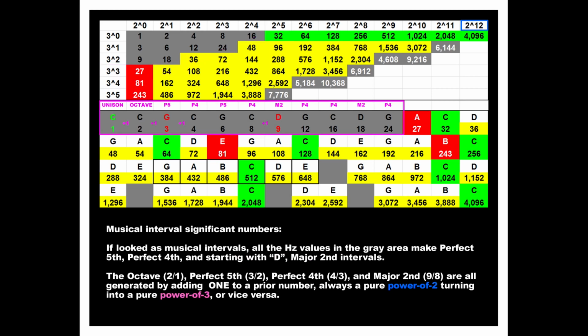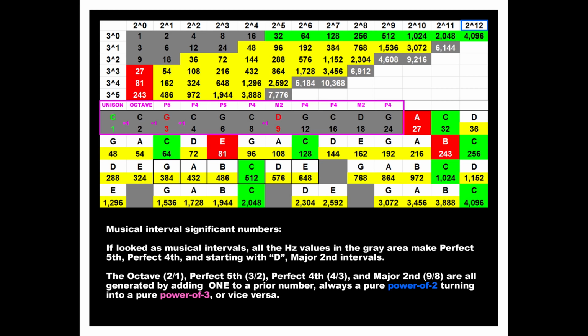Musical interval significant numbers. If looked at as musical intervals, all the Hertz values in the gray area make perfect fifth, perfect fourth, and, starting with D, major second intervals. The octave, perfect fifth, perfect fourth, and major second are all generated by adding 1 to a prior number, always a pure power of 2 turning into a pure power of 3 or vice versa. So 1 plus itself is the octave.